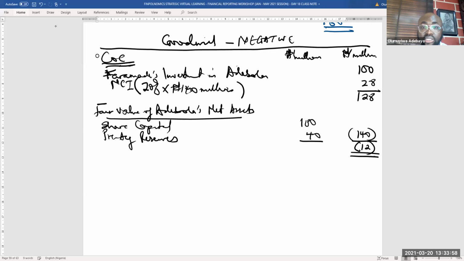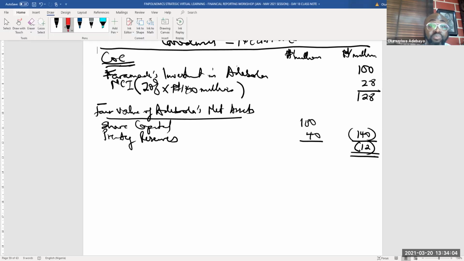Who can recall the treatment we should give to this? What treatment should we give to this?